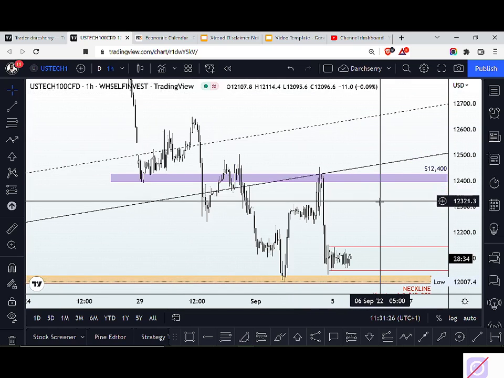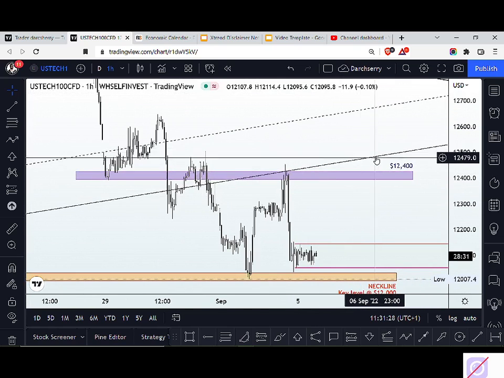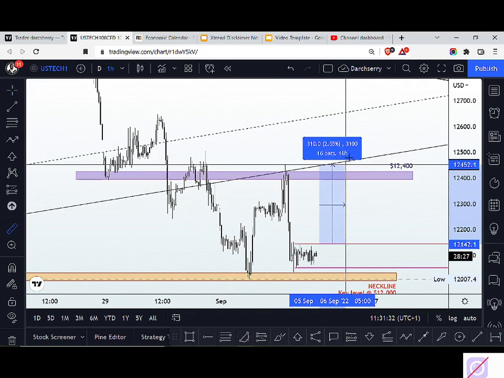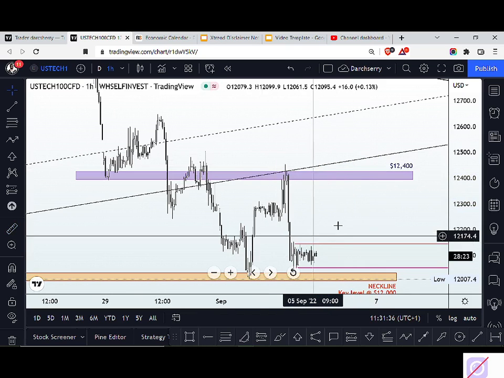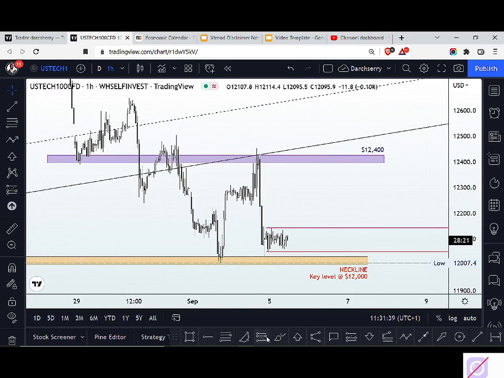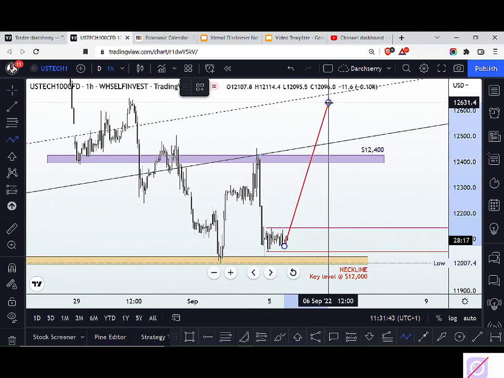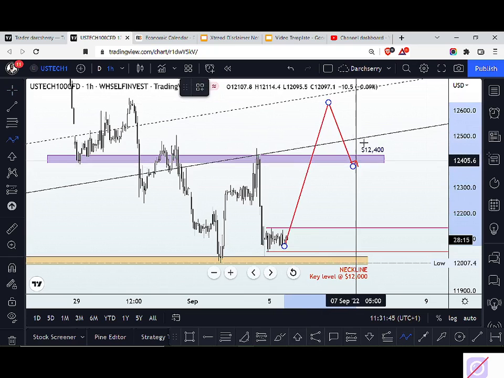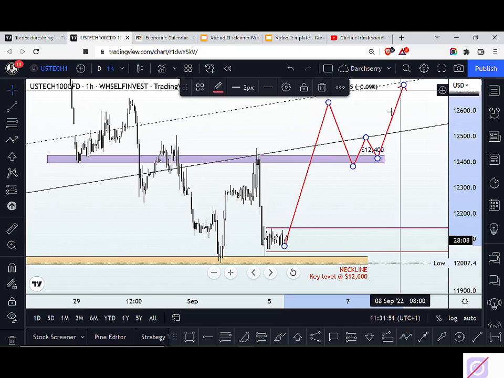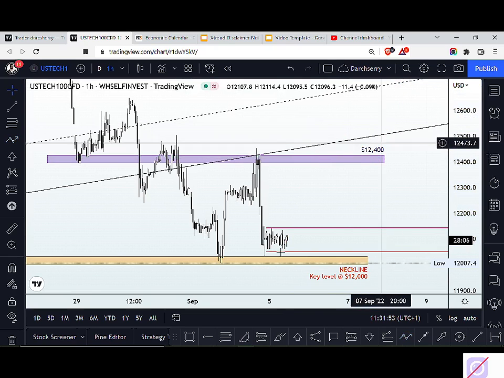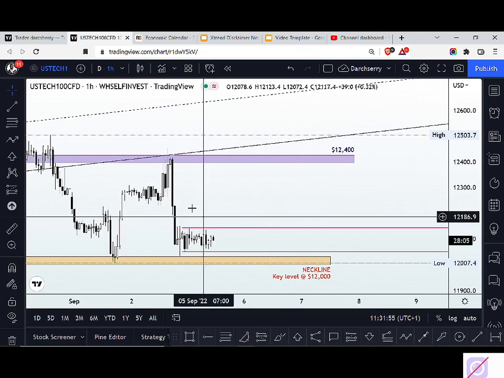I will suggest that we move our take profit target to somewhere around the $12,500 area, about 350 to 400 pips, to catch around this point. And after that, if we see a breakout of this neckline at the $12,400 area, then a retest of the neckline should give us another opportunity to add more position to our existing buy trade. So this is what we are looking forward to on the US tech.